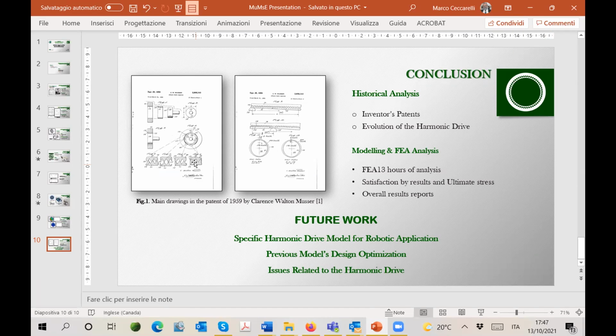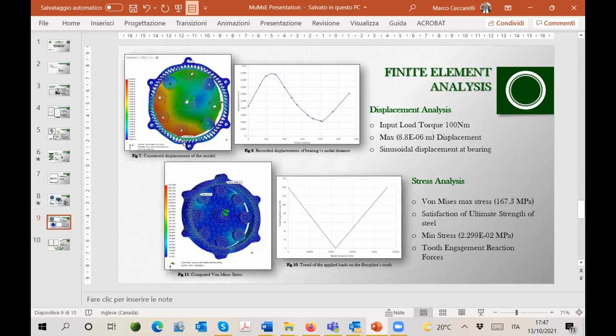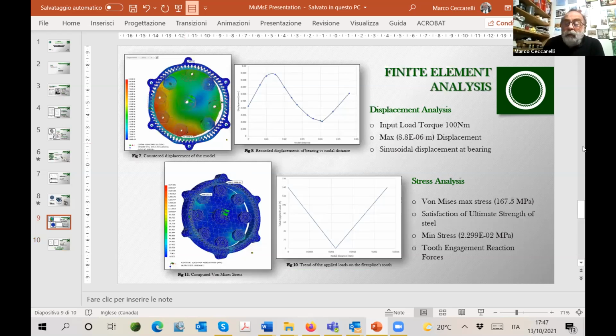How are the tooth profiles selected in this kind of drive? Because the theory is not the same as in standard gears. It's completely different, no? Well, in the original design by Walton, the gears have the original profile that you can find in gears.